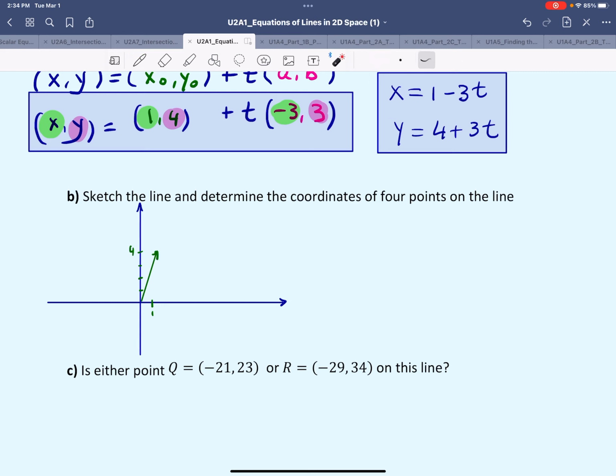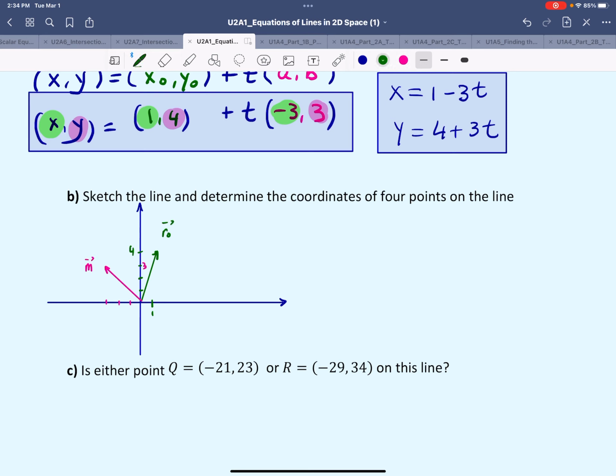Now the direction vector is (-3, 3). So I will go -3 and +3. So that would be somewhere here. Here goes the direction vector, m. And this is our r0.